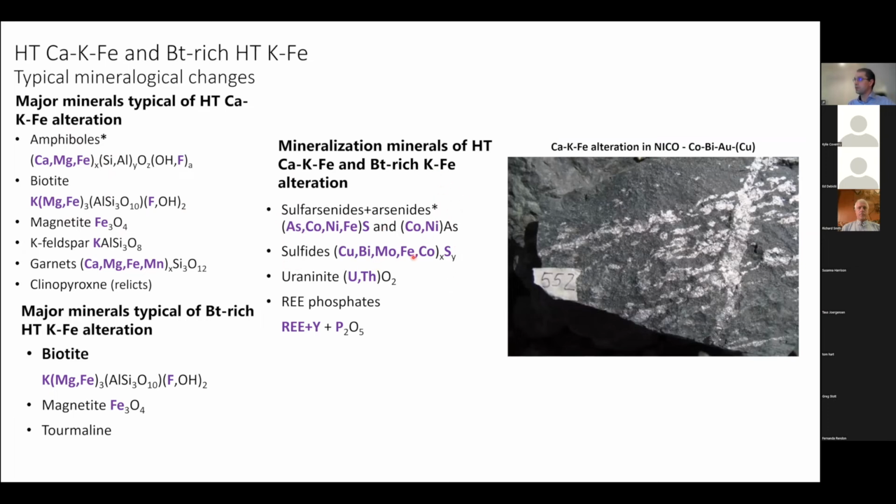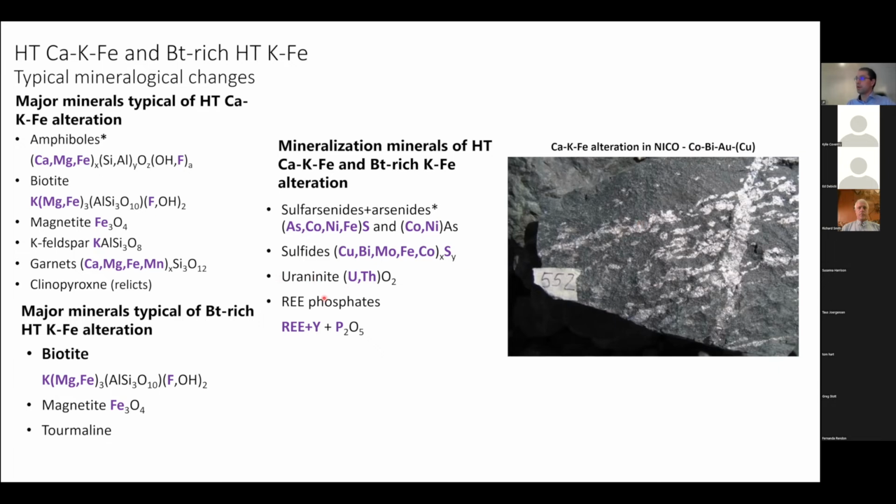Sulfides can be present too, but there can be a significant component of arsenides and sulfarsenides, exemplified here in the Nico deposit, where cobalt mineralization is associated with the precipitation of cobalt in arsenopyrite, but also cobaltite and other sulfarsenides and arsenides.